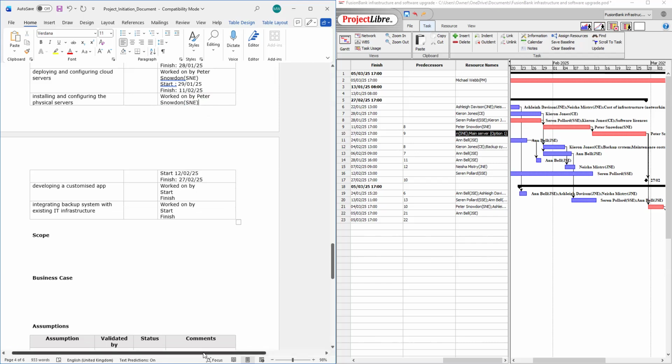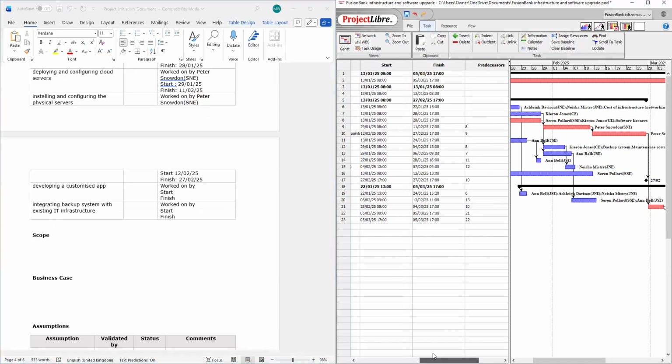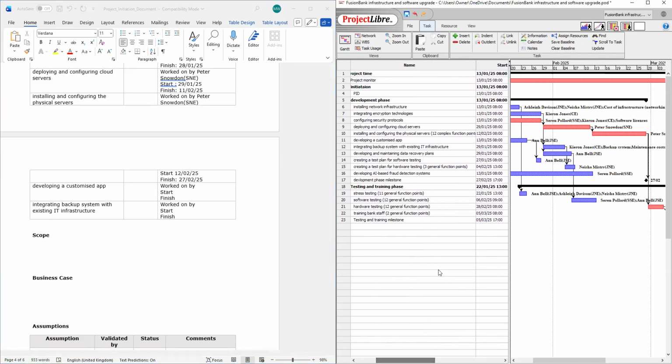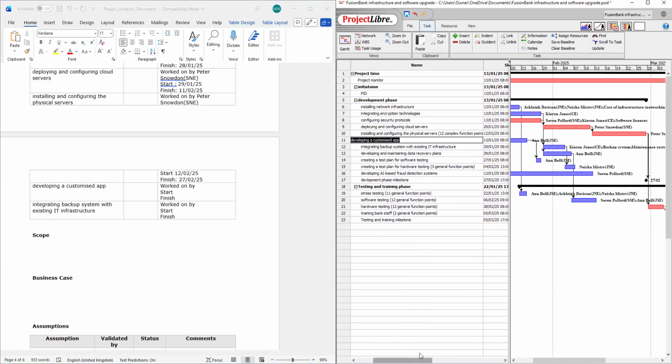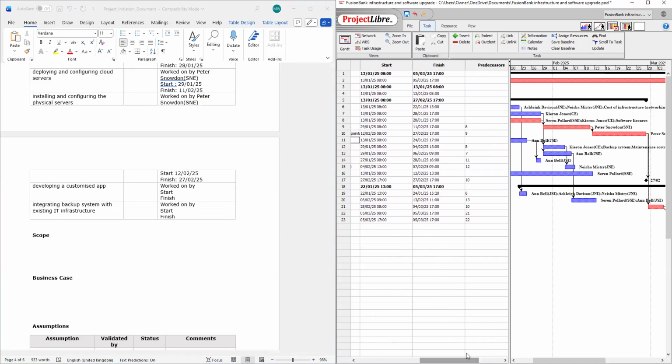The next one is going to be development of custom app. So if you have time, you can put all of them in the exam and just copy and paste it from the Gantt chart.